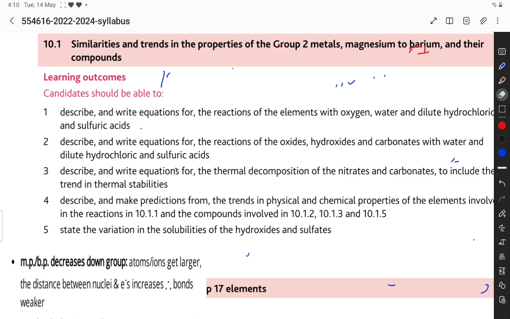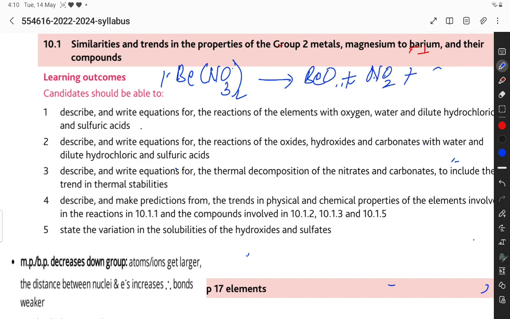In the thermal decomposition of nitrates, all nitrates give the metal oxide, nitrogen dioxide, a brown colored gas, and oxygen, a colorless gas. For example, beryllium nitrate, Be(NO3)2, forms BeO plus nitrogen dioxide plus oxygen gas, in the ratio 4, 2 and 2.